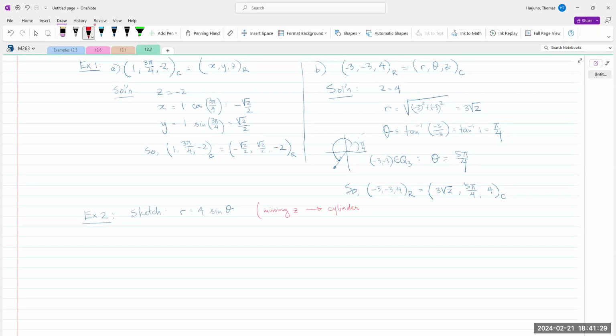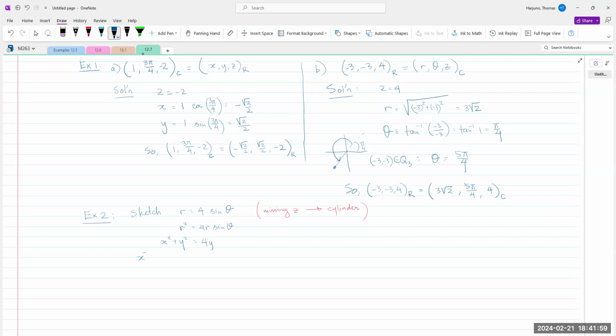Okay, as long as we can graph the curve in 2 dimensions, we will get the surface in 3 dimensions. So let's graph this in polar first. This is r squared equals 4r sine theta, which is x squared plus y squared equals 4y.